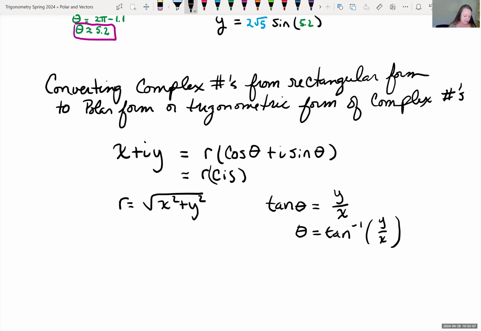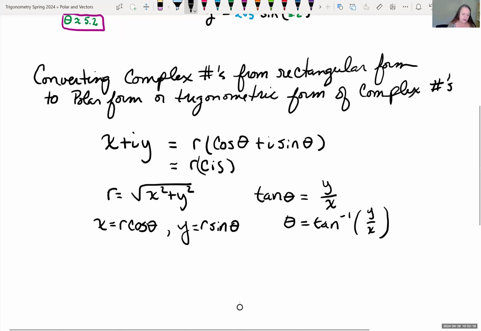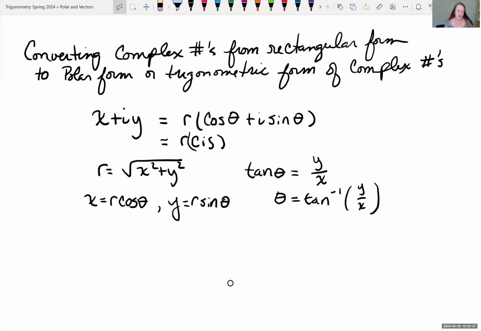Other things that we had seen, like I had put up there, x is equal to r cosine theta, and y was equal to r sine theta. So we should be able to take points in rectangular form of a complex number and rewrite it into trigonometric or polar form of a complex number.